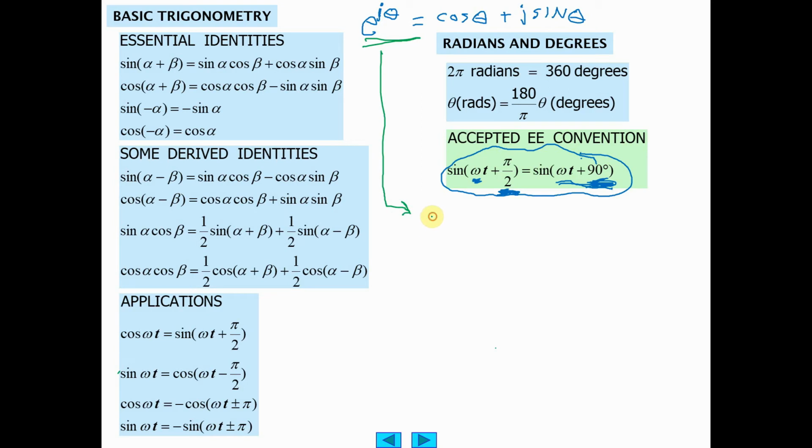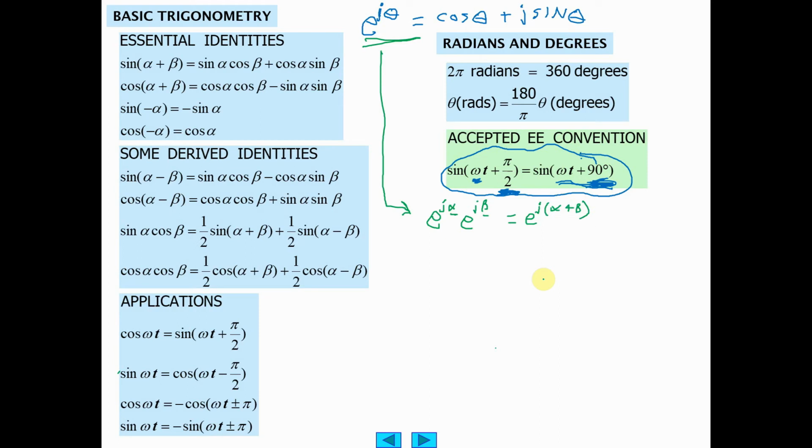You can consider e to the j alpha times e to the j beta. When you multiply these together, remember how exponents work? It's like adding the exponents. Equals e to the j alpha plus beta.